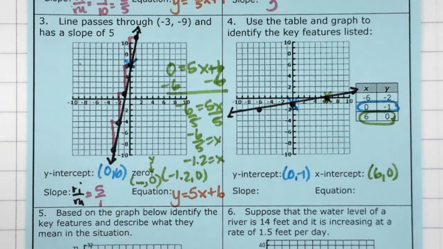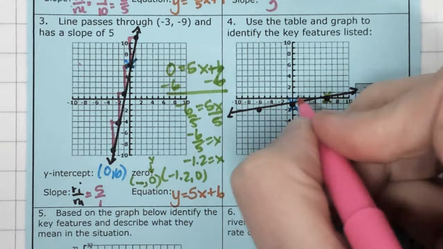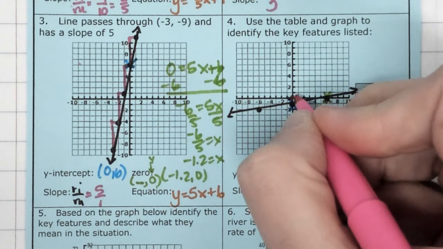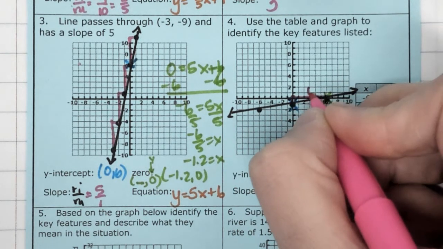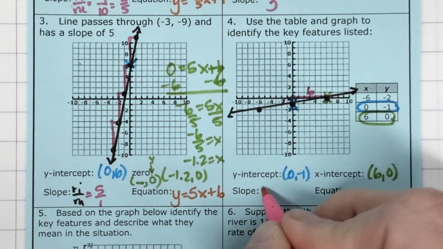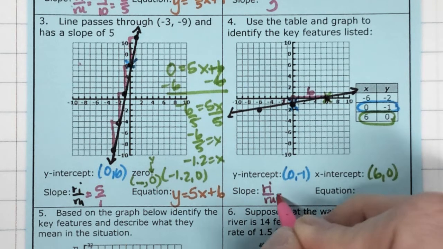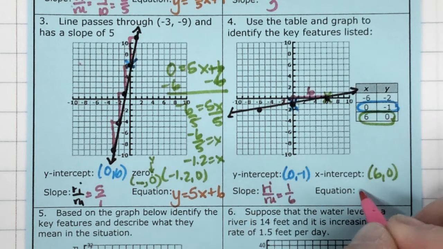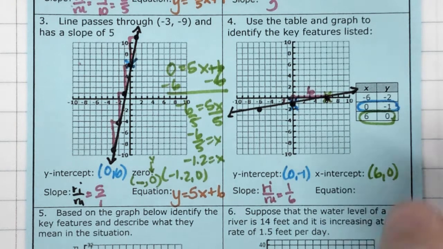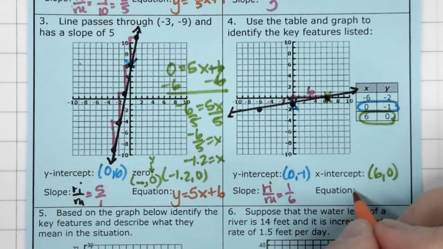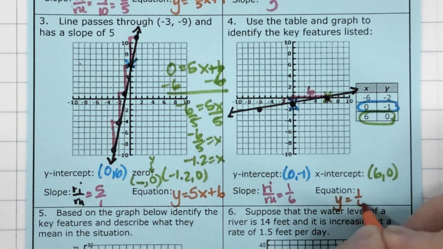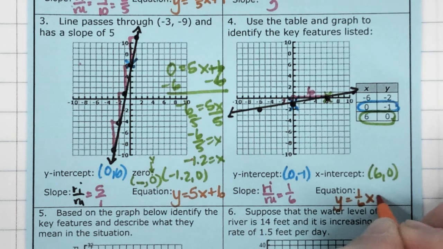And if I want to find my slope, all I've got to do is rise and run between some points. So I'm going to rise 1, run 6. So my rise over run is 1 over 6. So my equation is y equals 1/6 x minus 1.